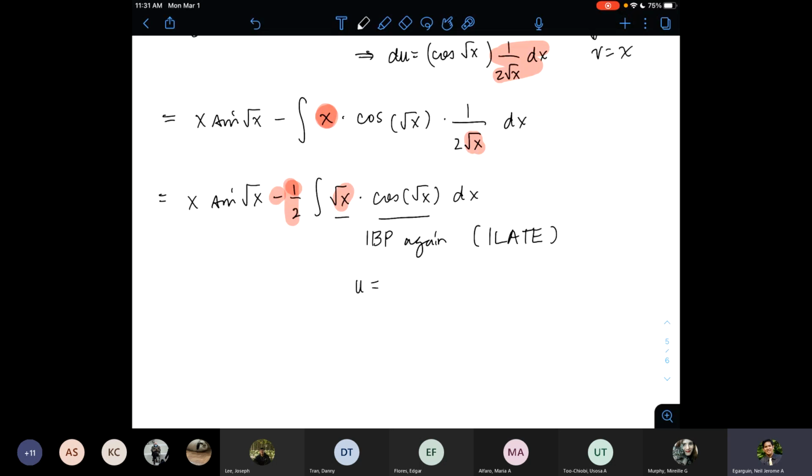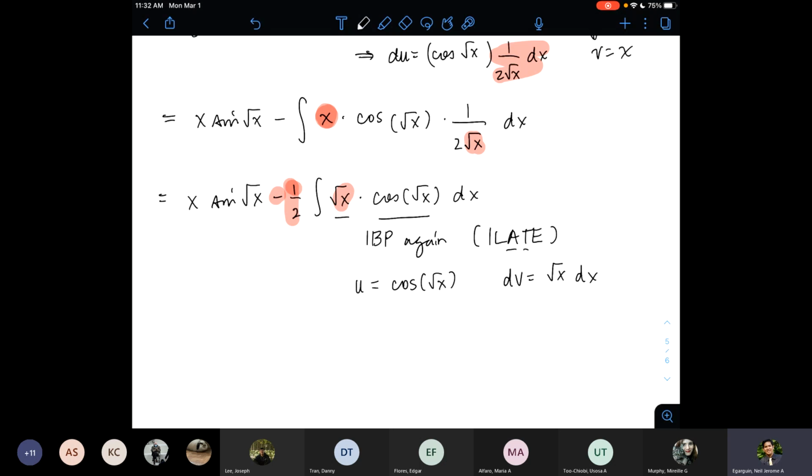So I'll again use u to be equal to cosine root x, and then dv to be equal to root x dx. The reason why I cannot use ISLATE here, though I have an algebraic against a trigonometric function, is that the trigonometric function is a bit complicated.